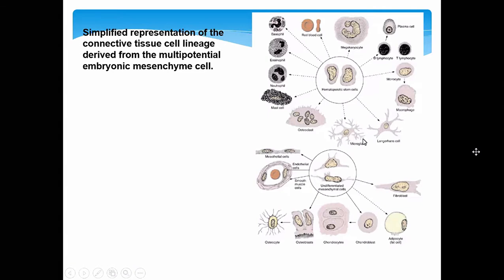You have here your Langerhans cell and the rest. So they all come from the multi-potential embryonic mesenchyme cell. Okay, it's in your book anyway. By the way, I am using the Junquera text and atlas.